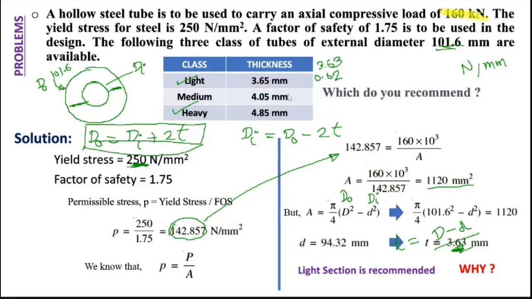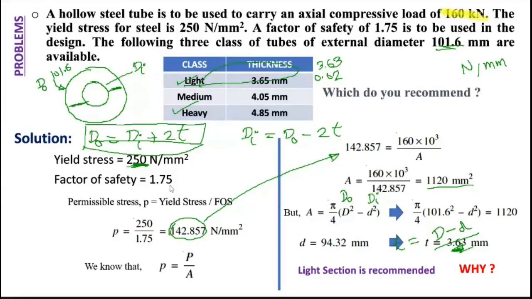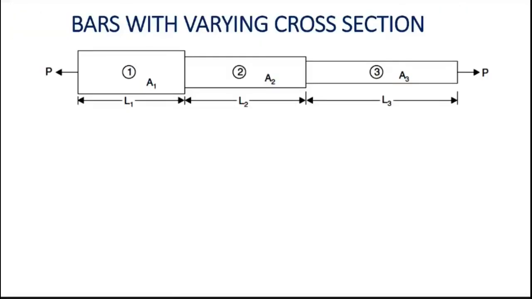So this is better, because we already included a factor of safety, and what we calculated is around 3.63. So 3.65 is better. That is enough. If I go for 4.05, I lose profit. As an industrialist, this gives more profit. So this is the best way of choosing it. We'll stop from there.